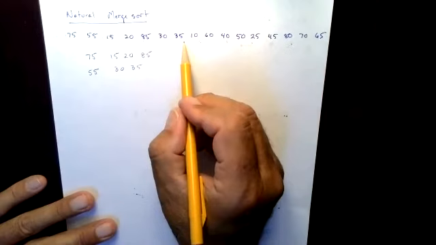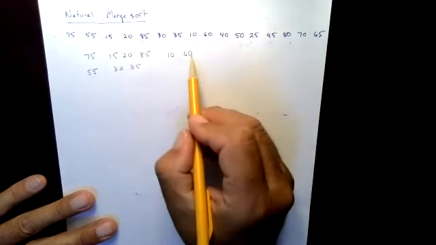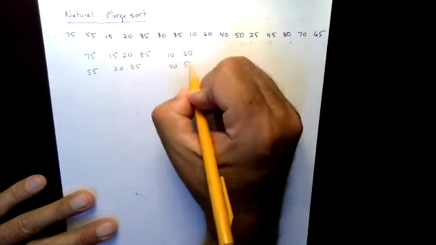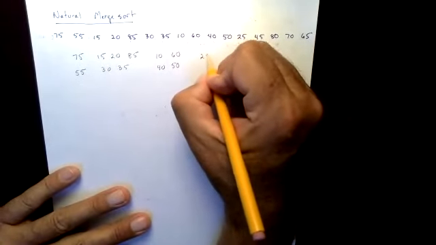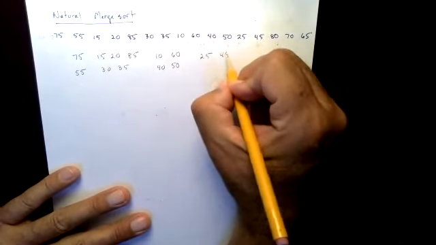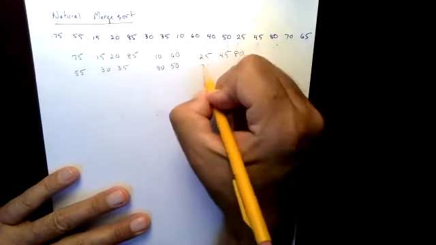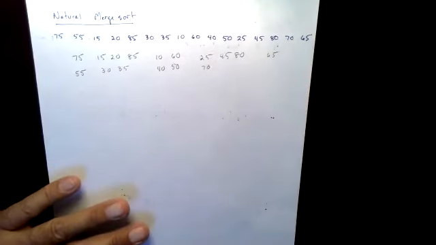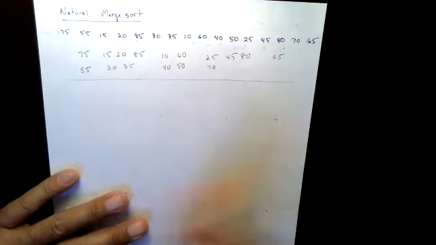And I stop. Now a 10 and a 60. And I stop. I'm going to do a 40 and a 50. And I stop. I now have 25, 45, 80, and I stop. I have a 70, and I stop, and a 65. So I just made my 2 lists.